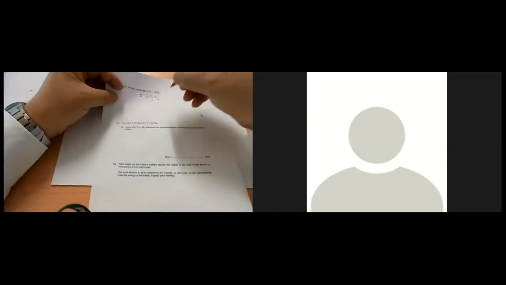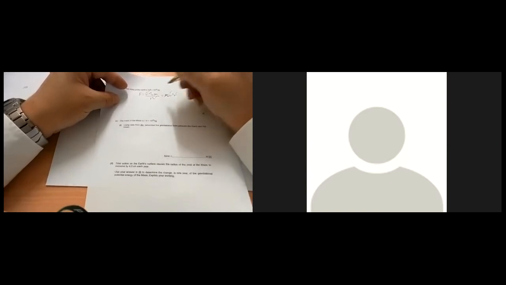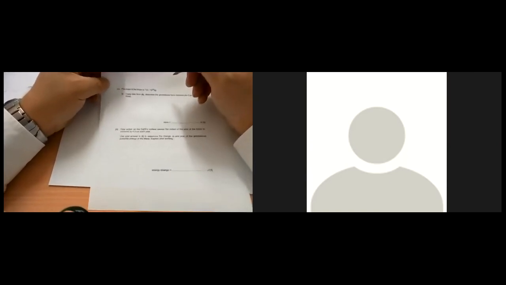Yeah, so we've got to use the idea that it's also equal to the centripetal force, which is m omega squared r. So now the mass of the Moon cancels. We know omega squared, we know the radius, we know G because it's on the formula sheet, so we can work out the mass of the Earth. Okay, so that's how we do that one.